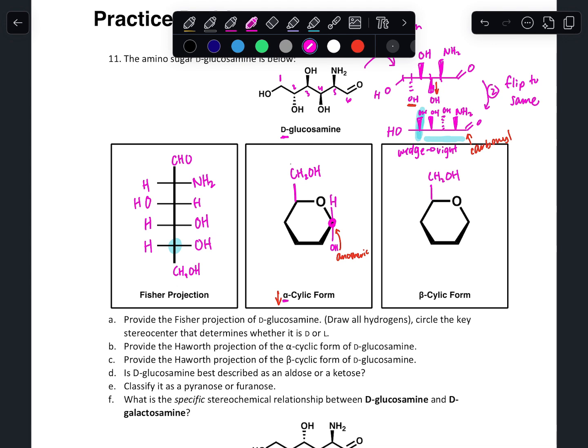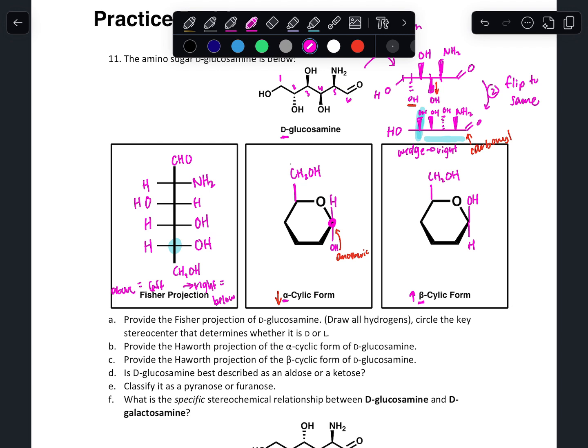And then what changes with alpha versus beta? Alpha is down, beta is up. So our OH will go up on this one. We'll have our hydrogen go down. And now we can fill in our other substituents. And so for this, if it's on the right side, it'll be below the ring. If it's on the left side, it'll be above the ring.